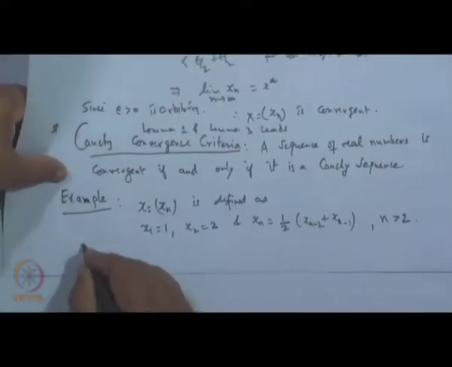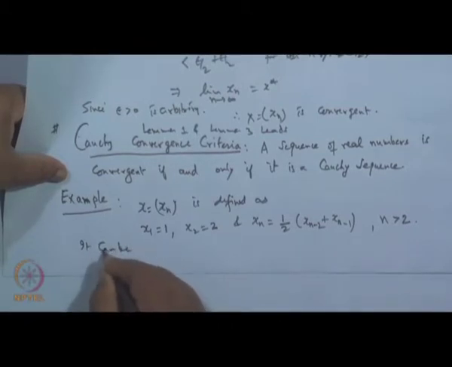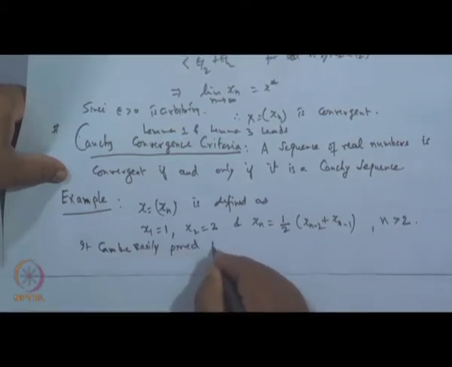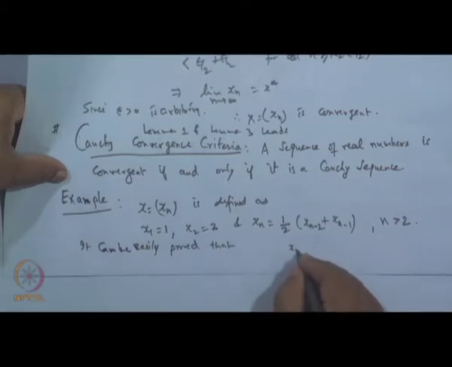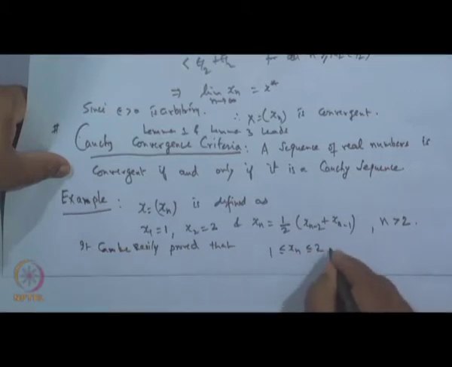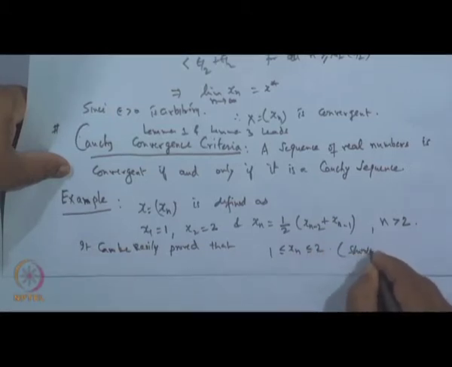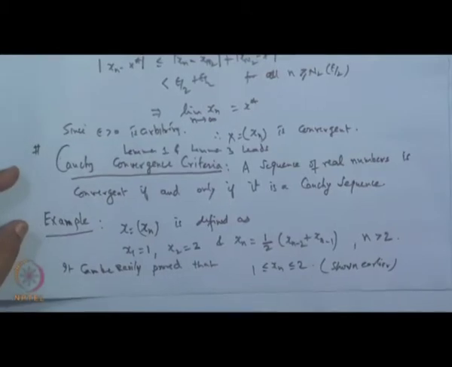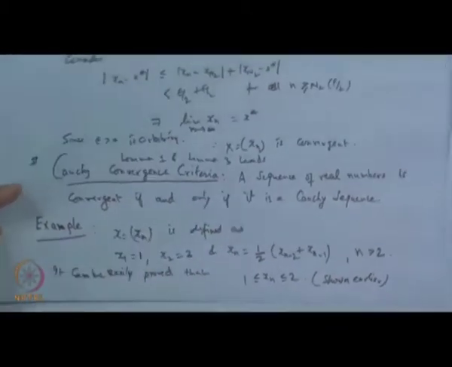All the terms cannot exceed 2, and below they are always greater than 1. So it can easily be proved that all the terms of the sequence x n lie between 1 and 2. In fact, it was shown earlier by choosing decreasing odd terms and increasing even terms separately, and they are dominated by 2.